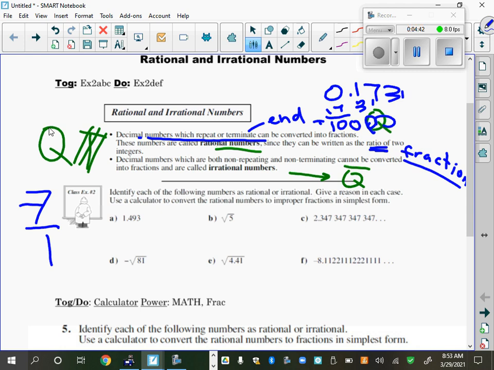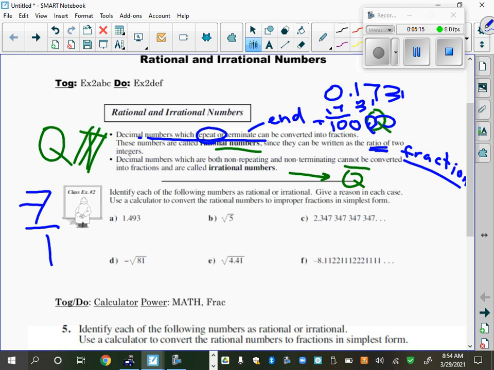Where does it say repeat? If something repeats, it can also be written as a fraction. What's the biggest example of that, somebody? Give me a decimal that repeats, that's a fraction. Yeah, maybe. If it repeats, you're right.